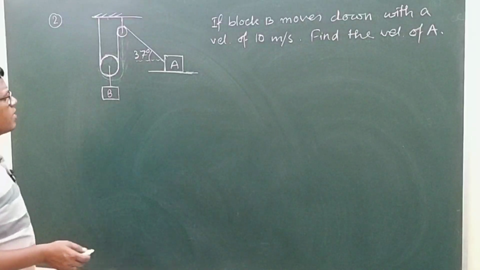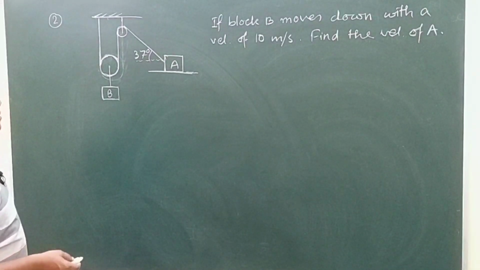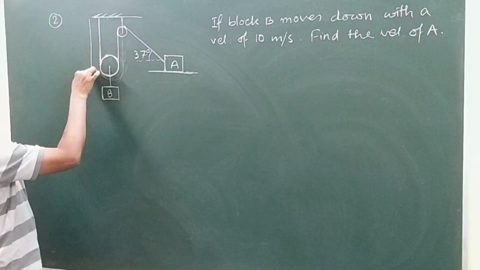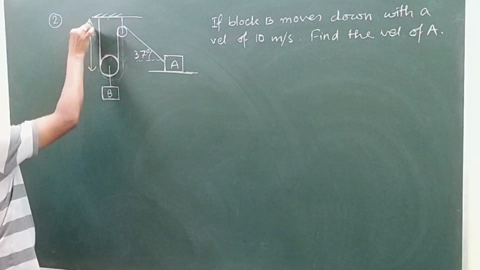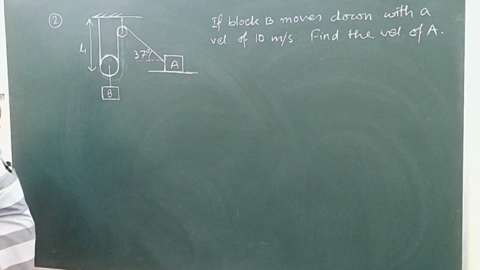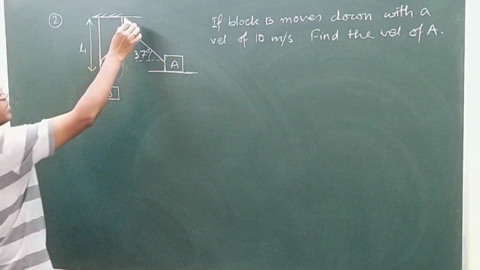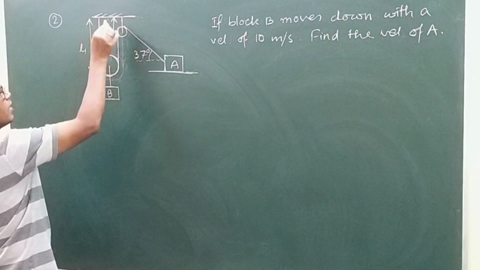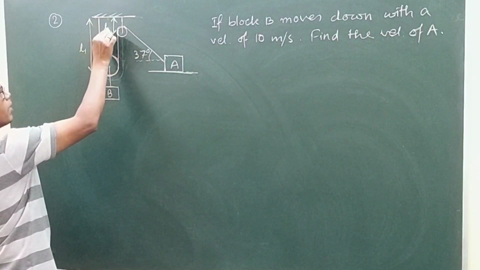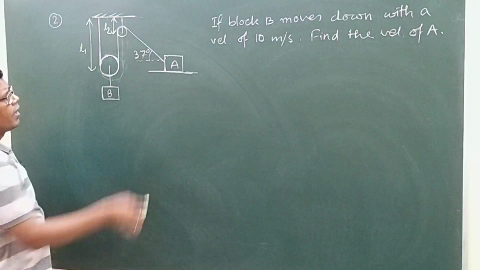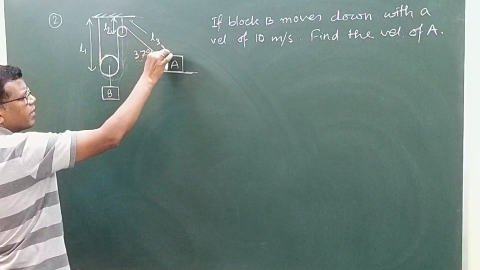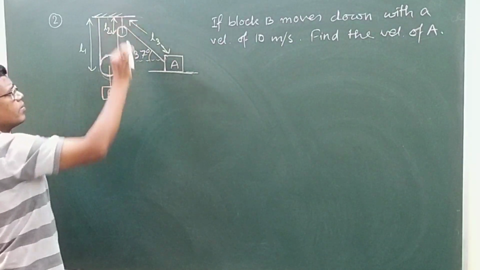See, can you try the question like this? In the given diagram, if I assume this length as L1, and from this fixed support this much is, for example, L2, and this part, for example, L3.